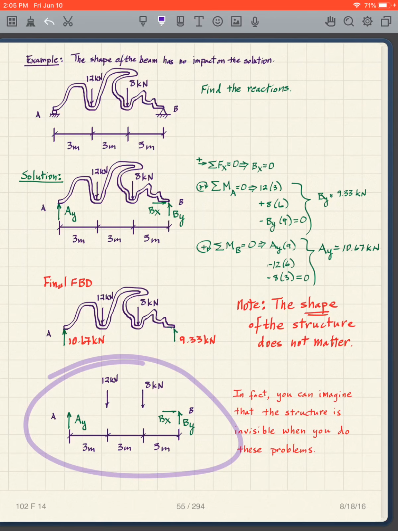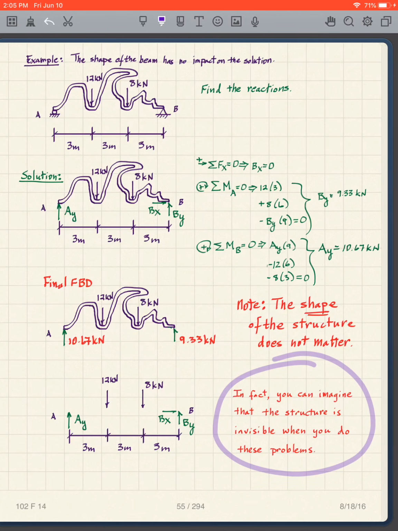Now, we have the structure because we recognize that the structure is not moving, but when we analyze the problem, we don't need the structure. So, in fact, you can imagine that the structure is invisible when you do these problems.